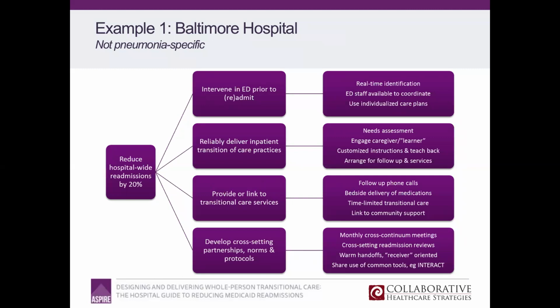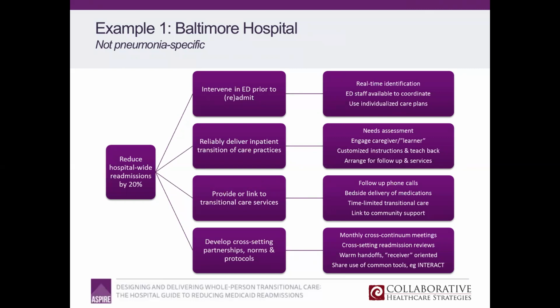These are just examples of what some of your colleagues in the real world are doing, as represented in a driver diagram like this. So example number one is a Baltimore hospital. Their aim, as you can see very clearly, is to reduce hospital-wide readmissions by 20%. They work in a market where they have financial incentives that put them under pressure to reduce all-cause, all-payer readmissions.